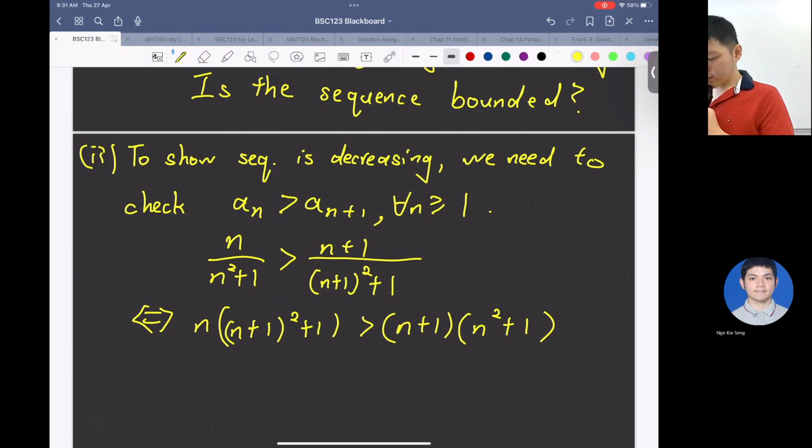Yes, sir. Maybe we don't want to do too many expansions. Let's do just enough expansion, okay? What do I mean by just enough expansion? You have an n squared term on the left hand side. Maybe we build an n squared term on the left hand side. So we get n squared plus 2n plus 1 plus 1.